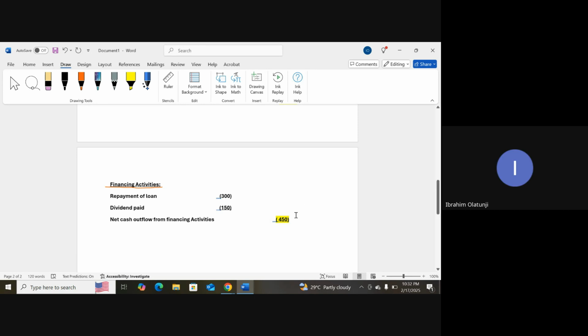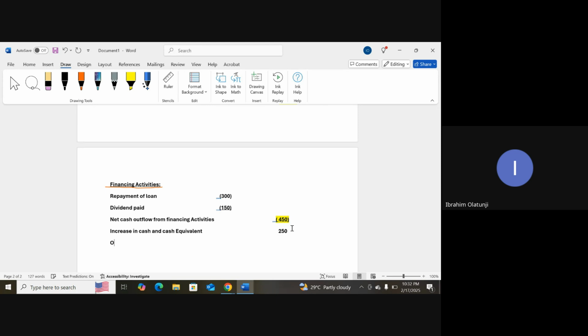Then I would say increase in cash and cash equivalent, 250. But let's assume it's a negative answer. We call it decrease in cash and cash equivalent.